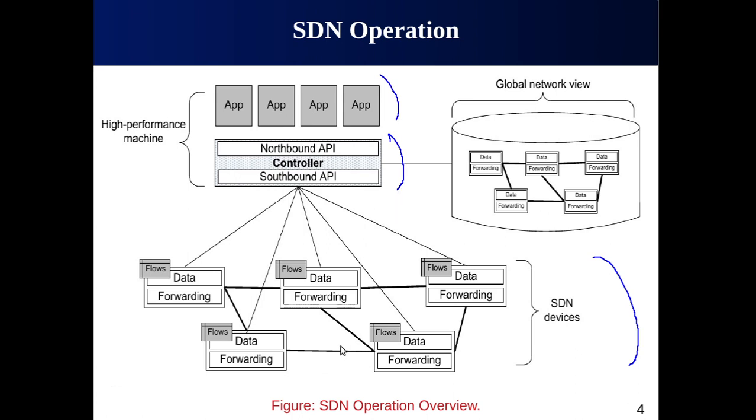The easiest way to understand how SDN operates is to follow a bottom-up approach, starting with the SDN devices. As we know, the SDN devices, which are also known as the switches, contain forwarding functionalities. You can see we have a device here with forwarding functionalities, and these are there to decide what to do with each incoming packet.